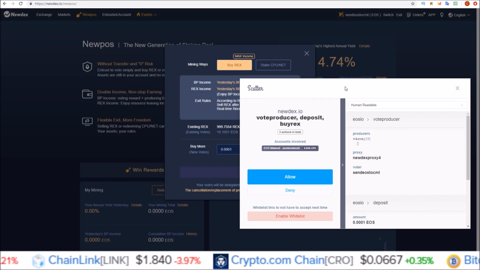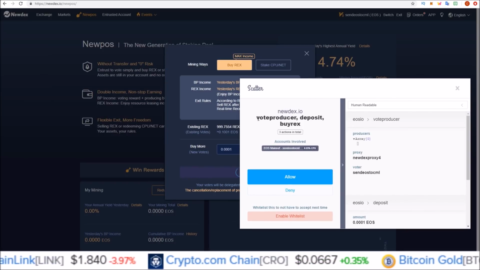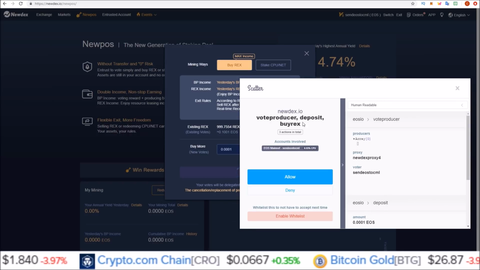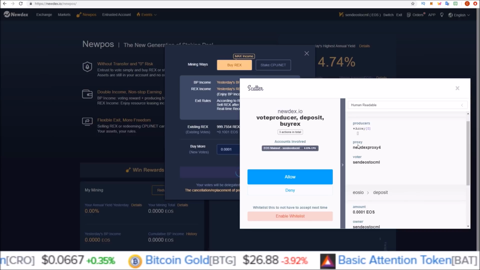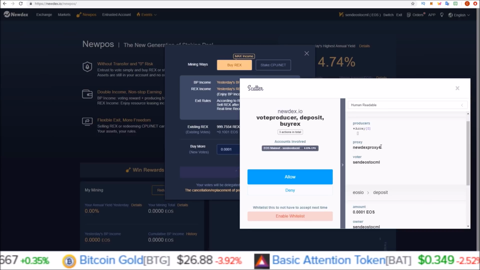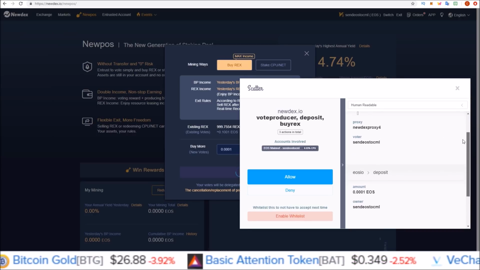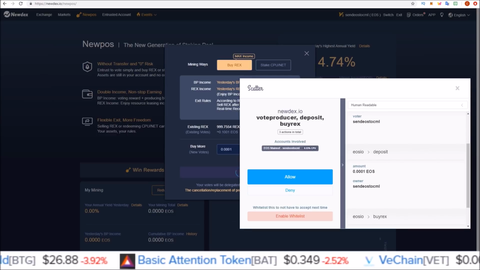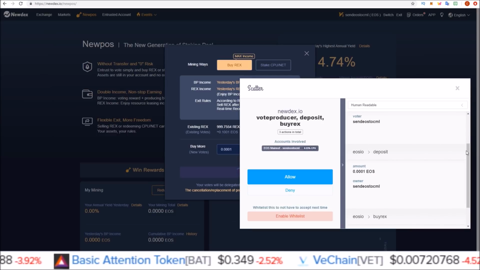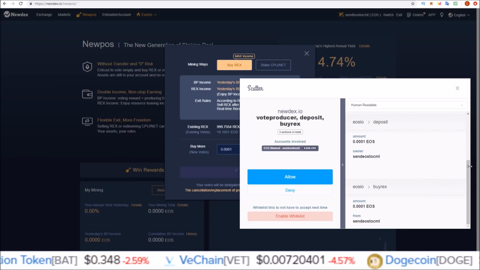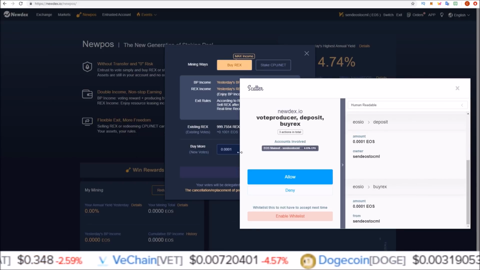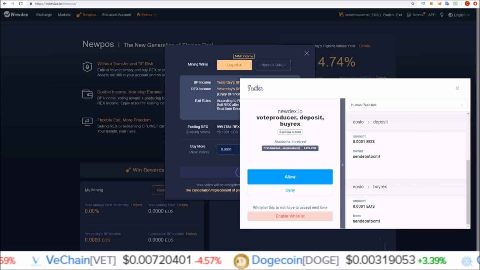All right, so when Scatter pops up, what we're doing is vote producer, deposit, and buy Rex. What this is doing is changing your account to the Newdex proxy. And then that 0.0001 is buying Rex, which is what you would expect, 0.0001 worth of Rex.